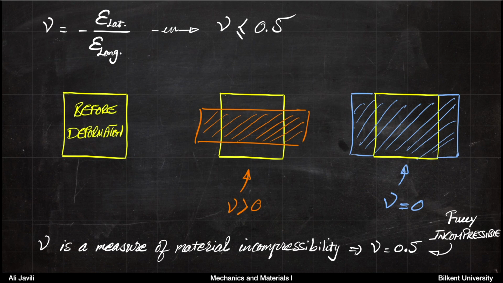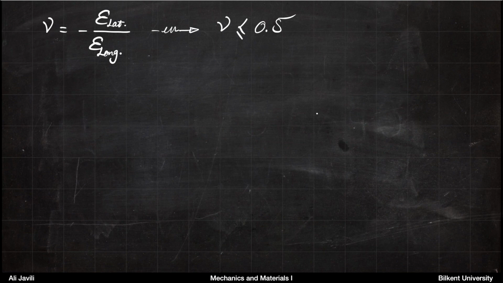And again, the upper limit means the material is fully incompressible. So if you cannot change the volume of the material, you get to the fully incompressible Poisson's ratio, that's 0.5.